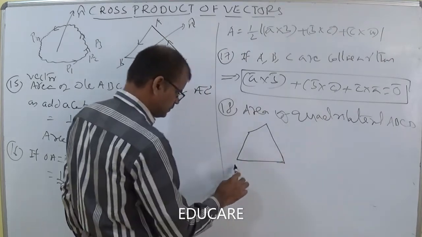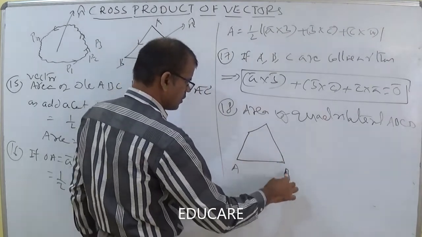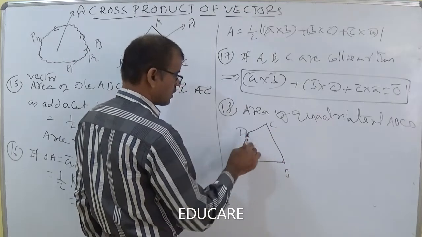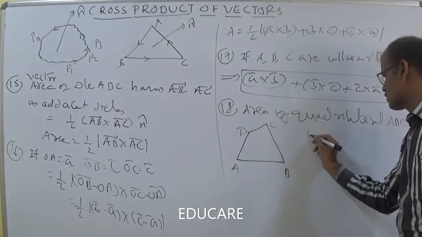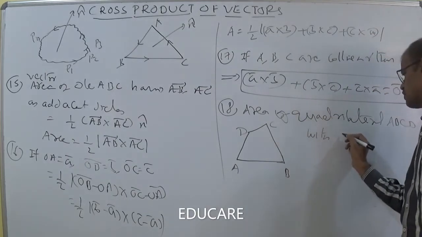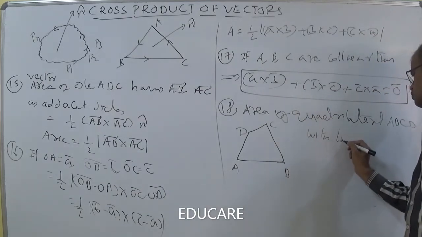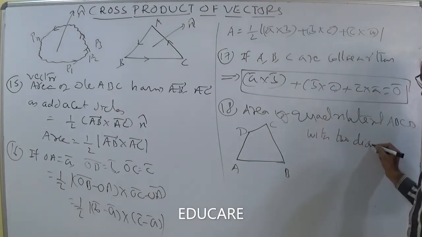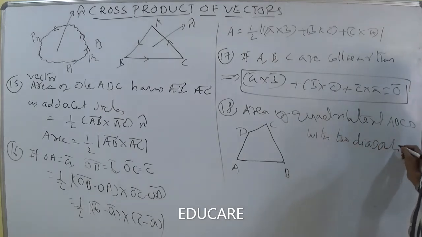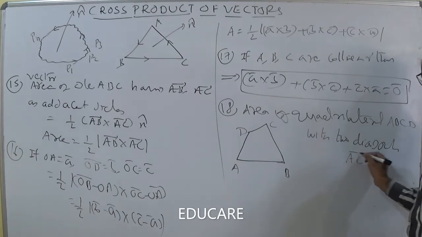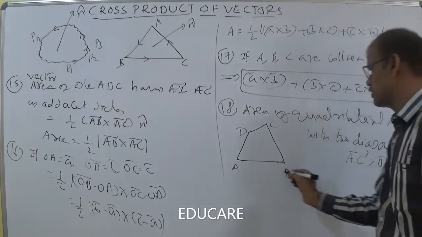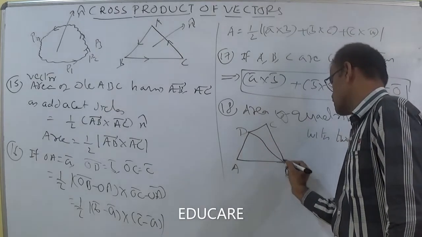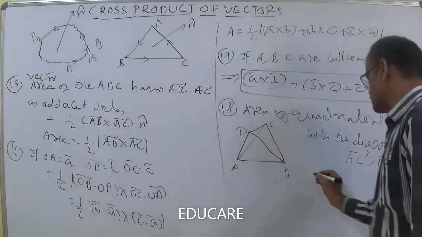The area of quadrilateral ABCD with 2 diagonals AC and BD, like this. This is diagonal BD and this is diagonal AC.